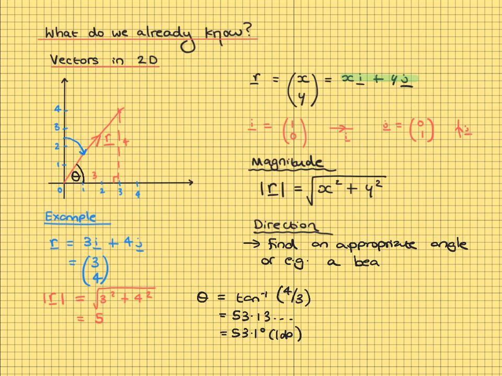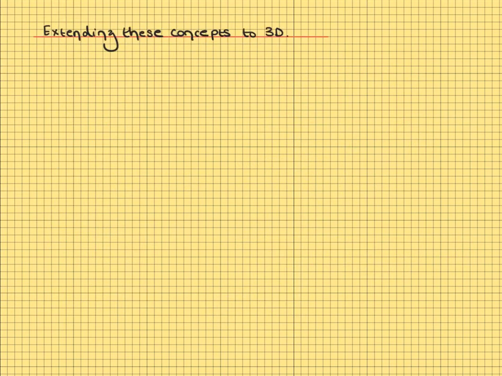And in this case, I can say my vector of 3i plus 4j is 53.1 degrees above the horizontal. So we know that vectors are quantities that have magnitude and direction. They can be expressed as columns, they can be expressed in i and j component form, and we know how to calculate the magnitude and provide the direction of a vector.